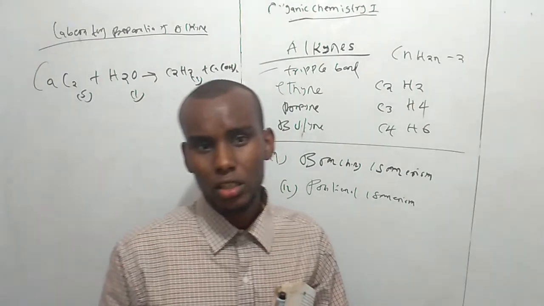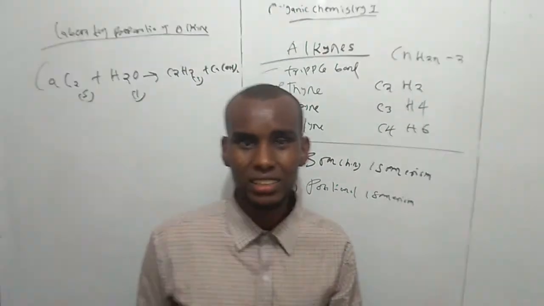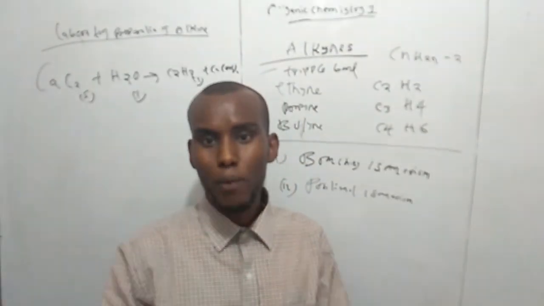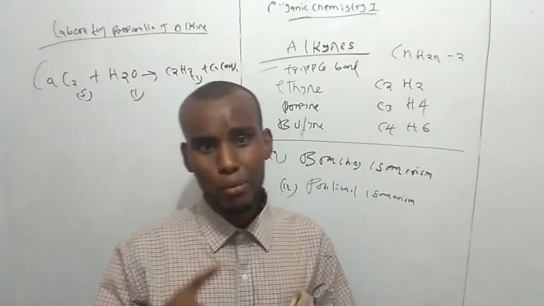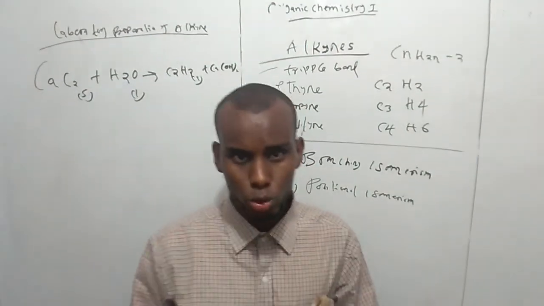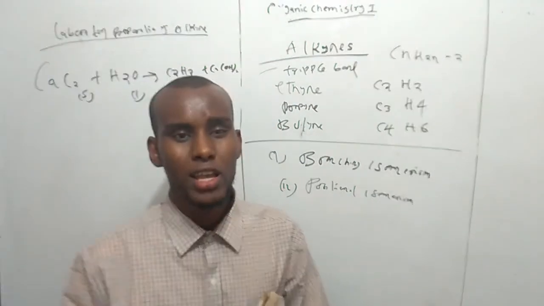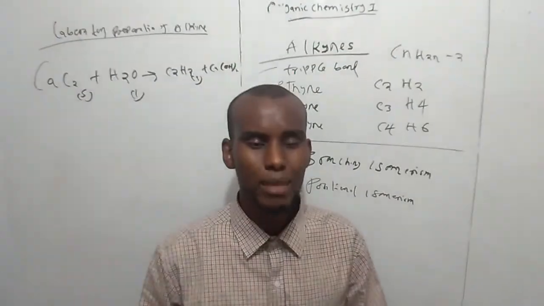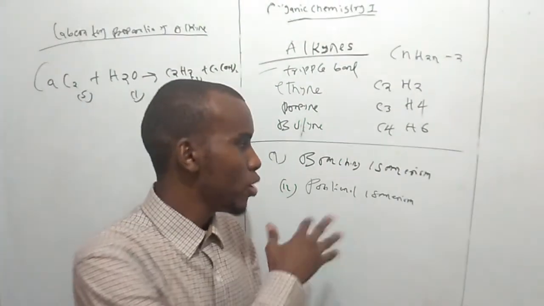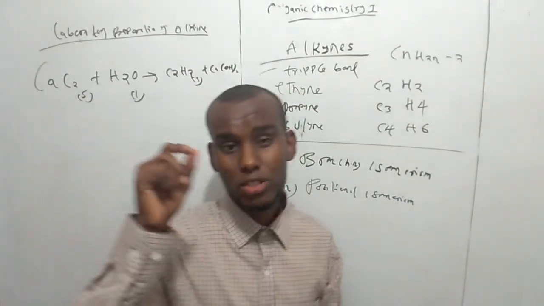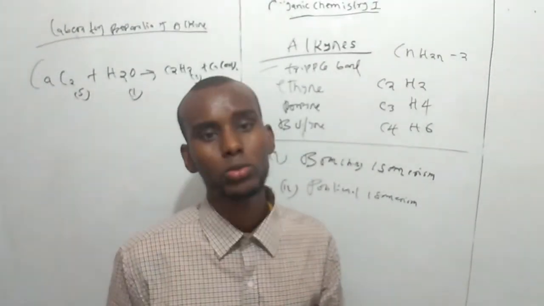Remember that when these questions are tested in chemistry paper 2, they normally combine both organic chemistry 1 and organic chemistry 2. Just like the case of structure and bonding, periodic table and chemical formula, they normally combine. The same way here, we combine organic chemistry 1 and organic chemistry 2.